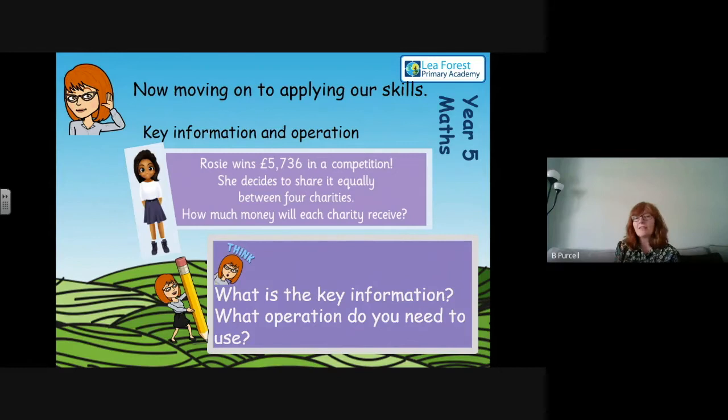I don't want the calculation carried out yet. Our learning today is to be able to solve problems using division and multiplication. So it's important that we learn how to recognize what information we need to solve the problem and what operation. We need to know those first. Excellent, Isla.